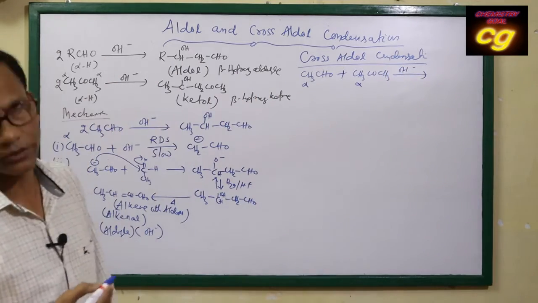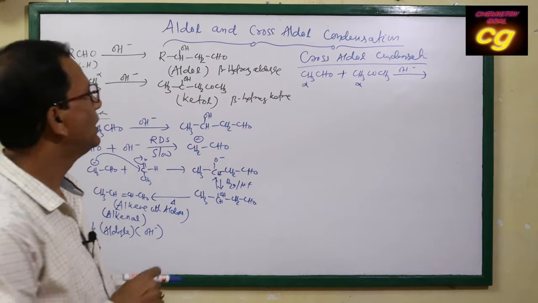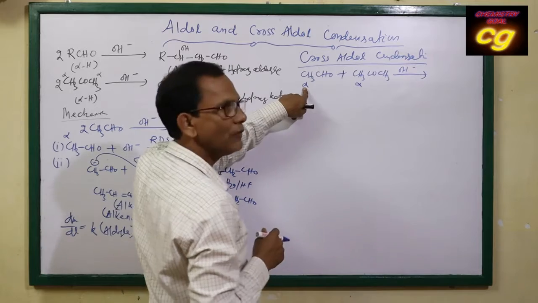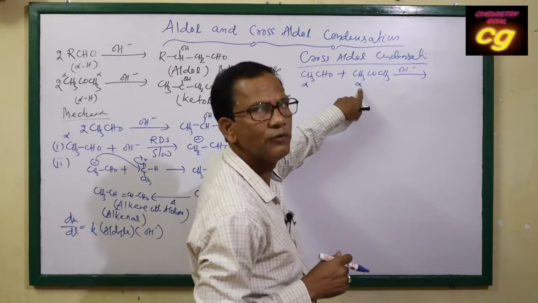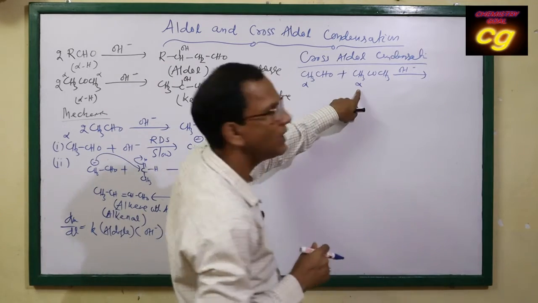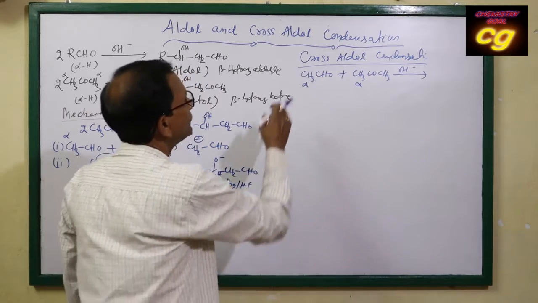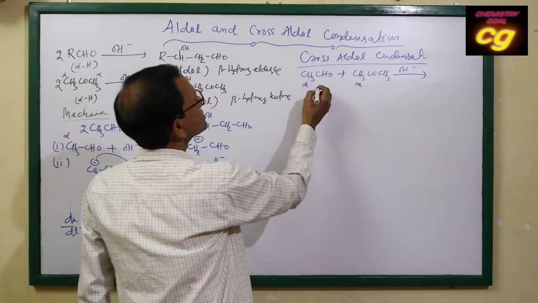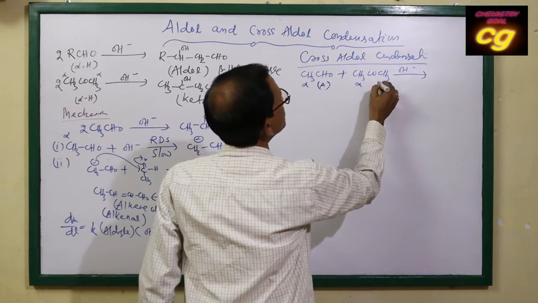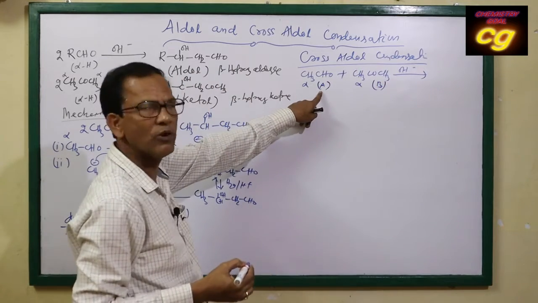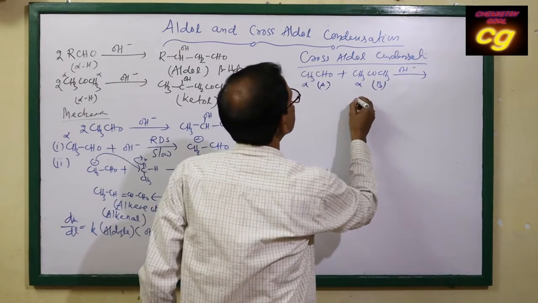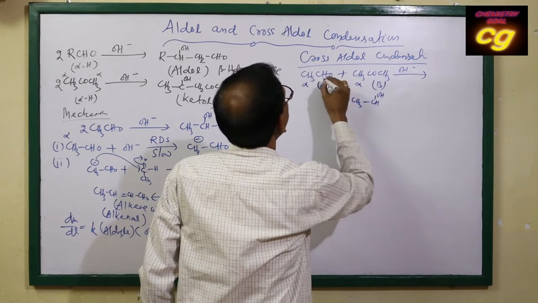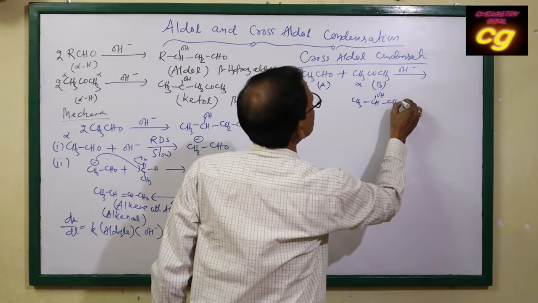What will be the possible product? What will the condensation product be? Both have alpha hydrogen atoms. Suppose this is A and this is B. Taking A, the product will be CH3CHOH and the remaining CH2CHO.